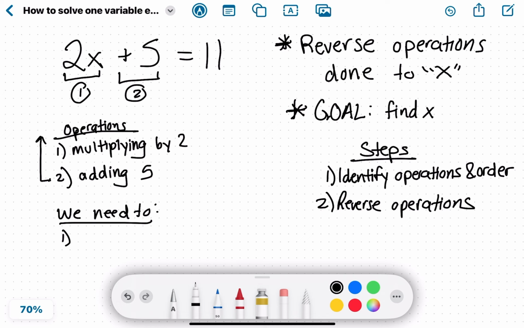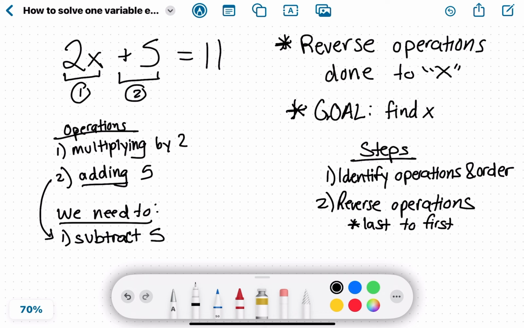Last to the first. So, our latest operation, the very last thing that happens to x, is adding 5. So we need to do that first. What's the opposite of addition? Subtraction. So we need to subtract 5.